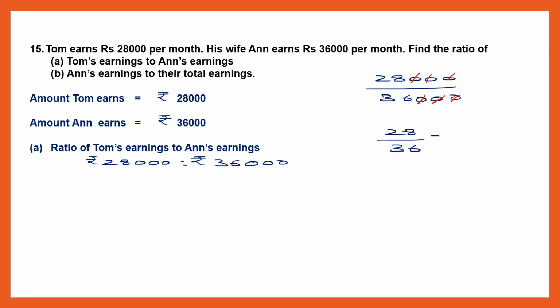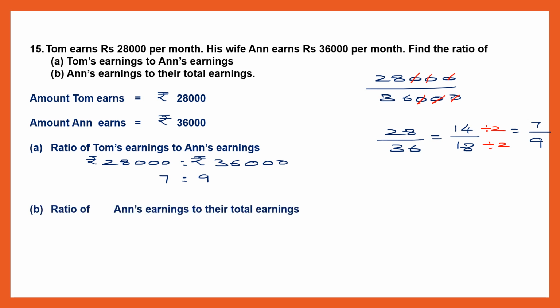Now let's divide both by 2, giving 14 and 18. We can divide both by 2 again. What do we get? 2 sevens are 14 and 2 nines are 18. So the ratio of Tom's earnings to Anne's earnings is 7:9. So the answer here is 7:9.